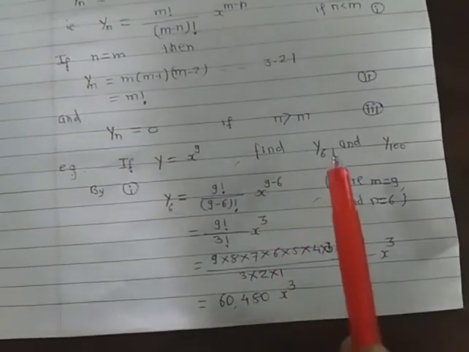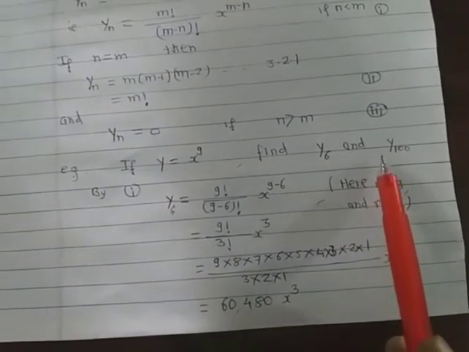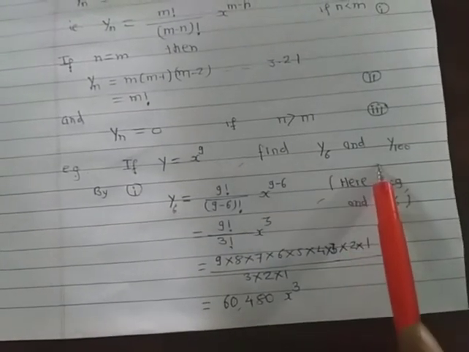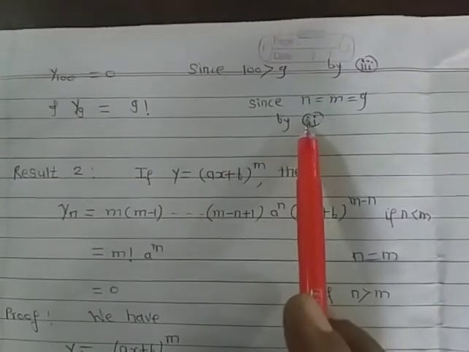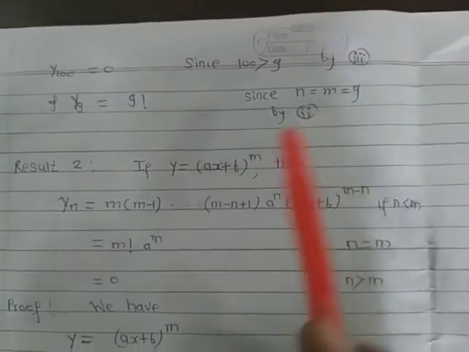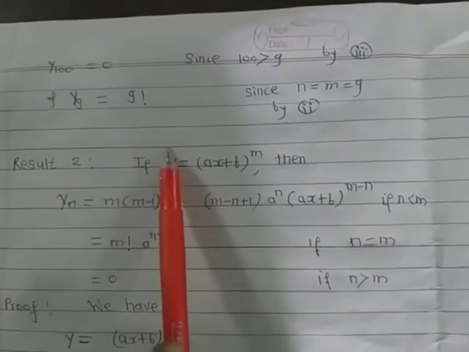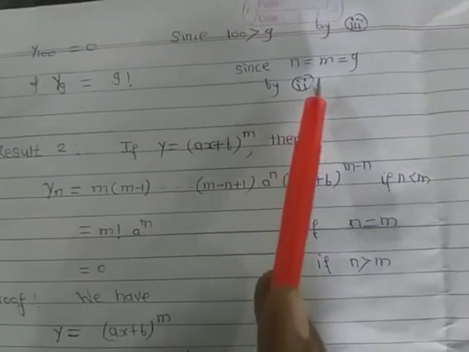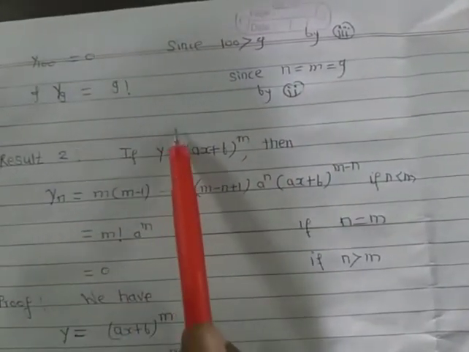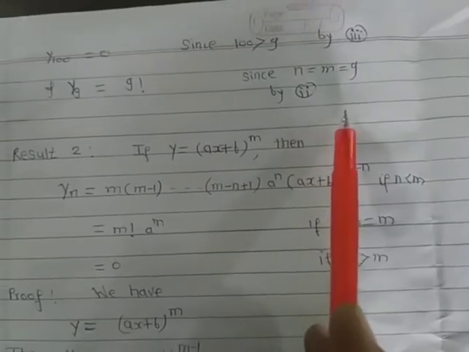Now also here we have to find y100. y100 means 100 is greater than 9, so we get y100 equal to 0 since 100 is greater than 9 by result 3. And y9: yn equal to m factorial if n is equal to m, here n equal to m equal to 9, hence y9 equal to 9 factorial by result 2, that is above discussed result.